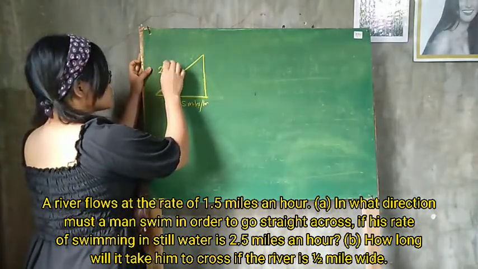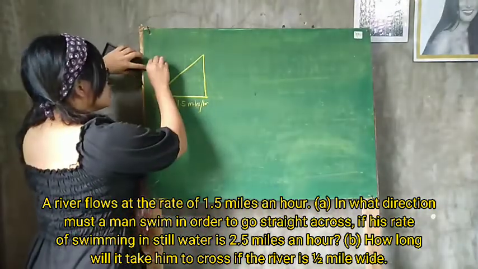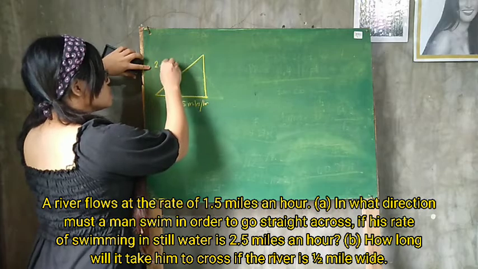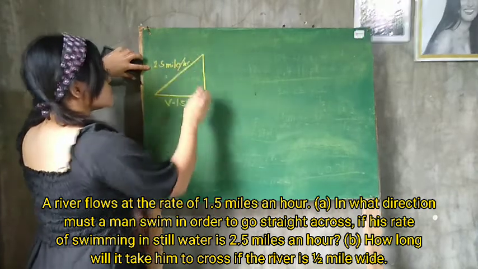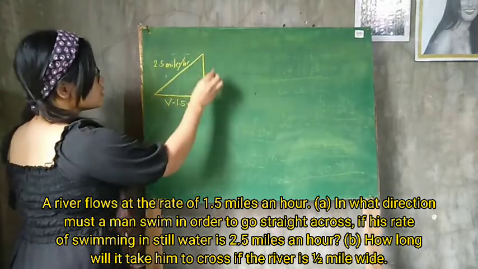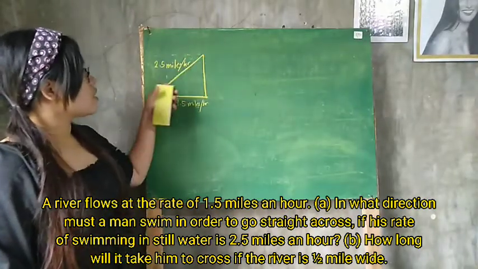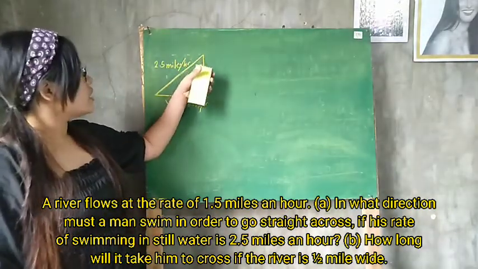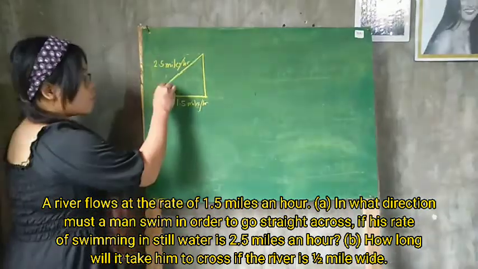So let's make the 2.5 miles per hour the hypotenuse. So let's say that this is the river. Then you need to cross at a rate of 2.5 miles per hour. Then in what direction?